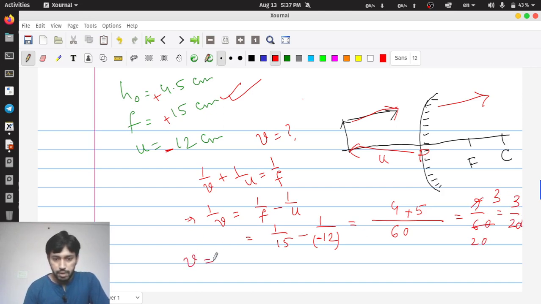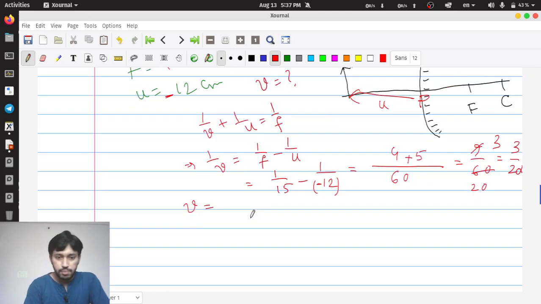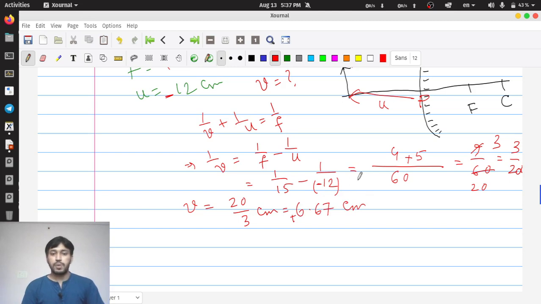So V will be 20 by 3 centimeter, which is 6.67 centimeter. You can see this is positive, so V is positive. V is the image distance. So where will the image form?